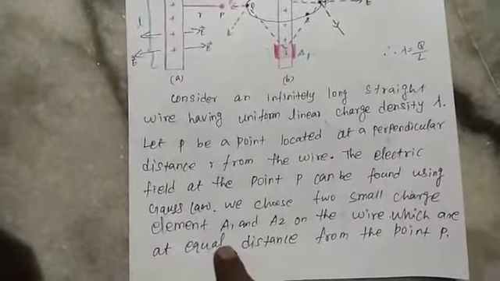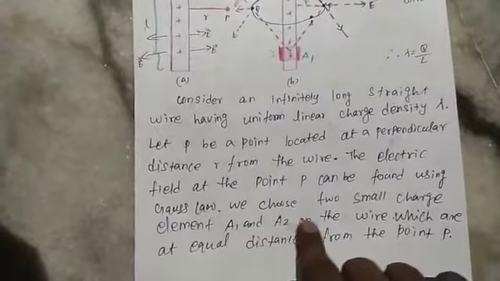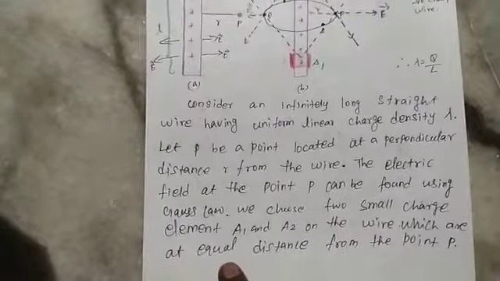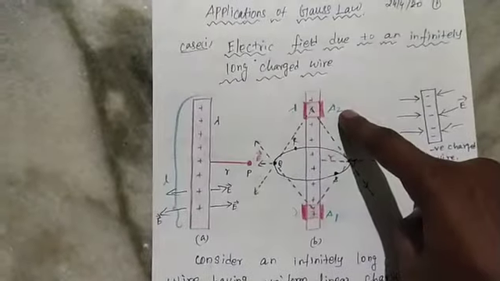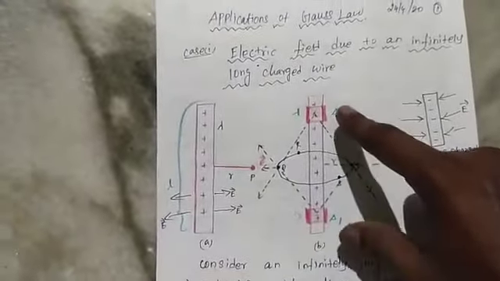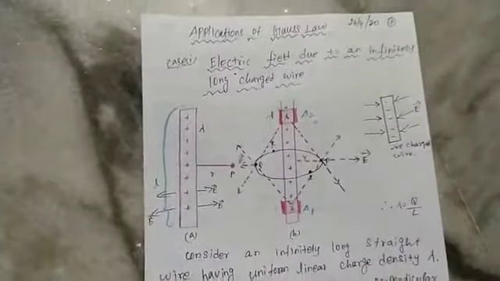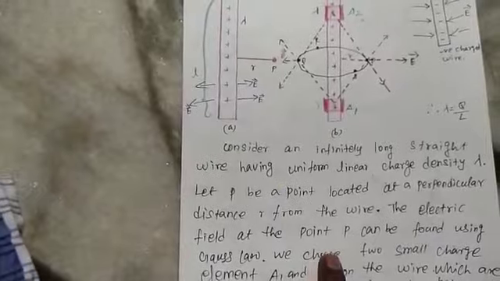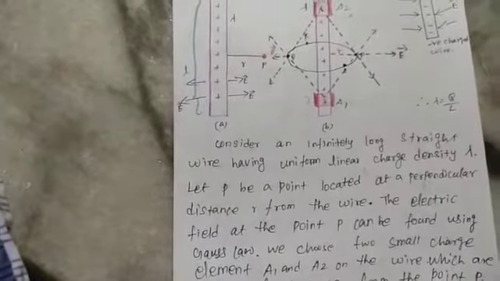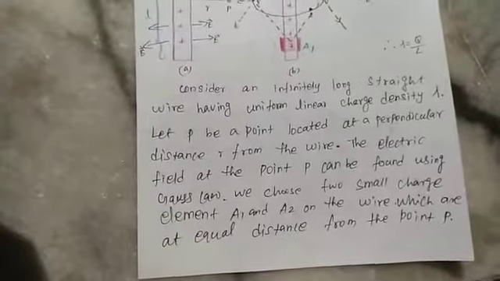So by using Gauss law, we can choose two small charge elements A1 and A2 on the wire. The electric field topic was already discussed in the Coulombic force concept, but now I discuss the Gauss law concept.